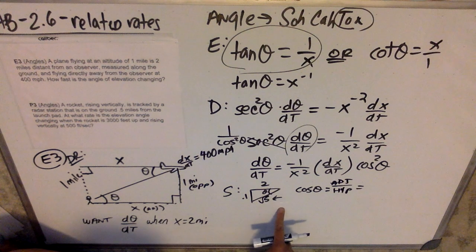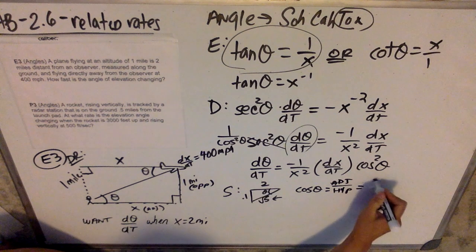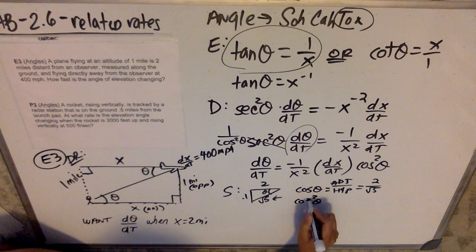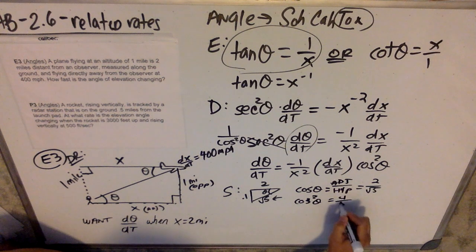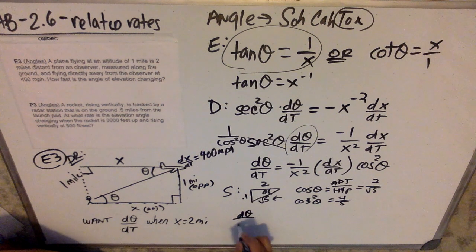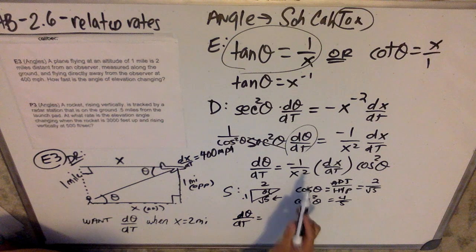So your cosine is the 2 on top of the root 5, which means that your cosine squared of theta is a 4 on top of a 5. So now when you go to plug in, you're going to get that your d theta dt is a negative 1 over x squared, but we know in this case that x was a 2, right? That's what we figured out.